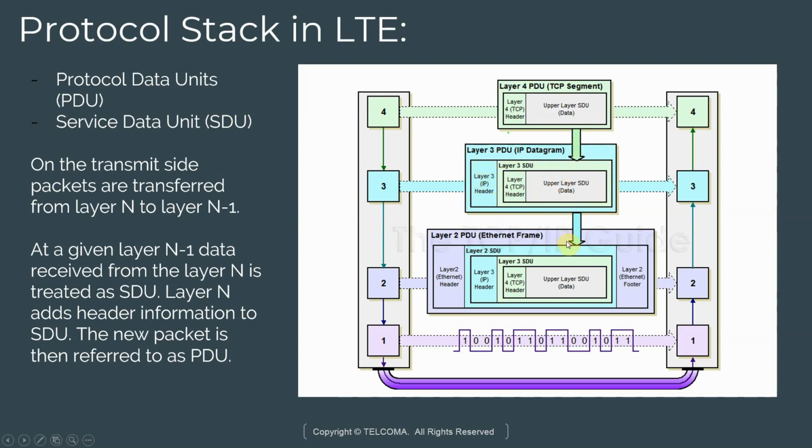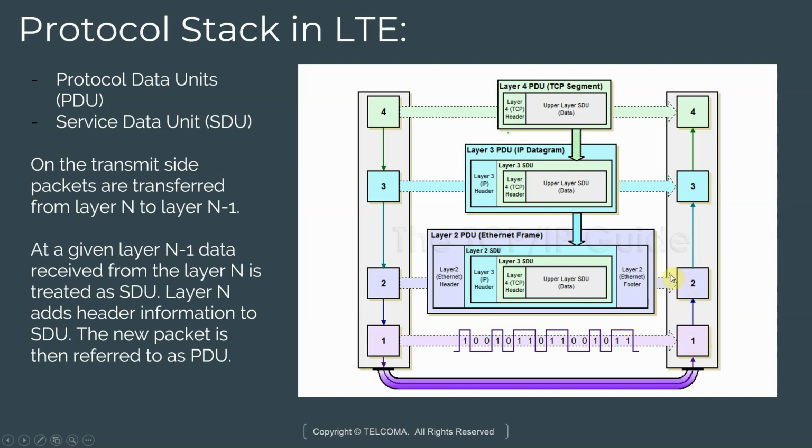This gets pushed down further to layer 2, which is the Ethernet or the MAC layer. And the MAC layer adds a bunch more header information. Then this combined packet is called the layer 2 PDU, and then this layer 2 PDU is transferred here. It's received at layer 1.